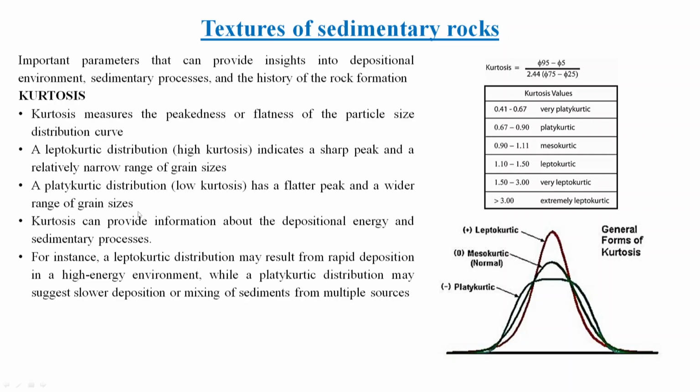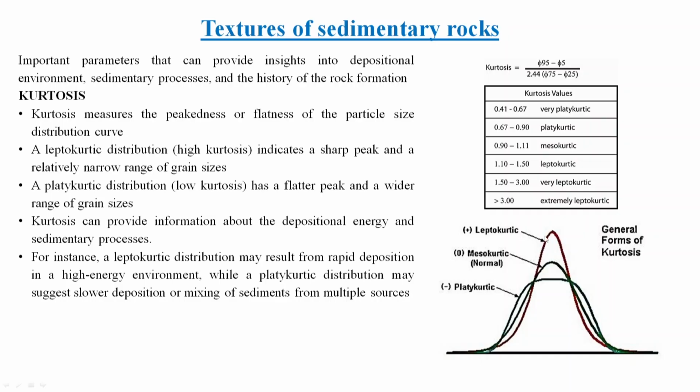On the other hand, a platykurtic distribution with low kurtosis has a flatter peak and a wider grain distribution. That means, in case of a platykurtic curve, you can simply say that obviously there is a wide distribution in the grain size. So, you will have coarse grain particles in it. Also, you will have intermediate as well as fine grain particles in it.